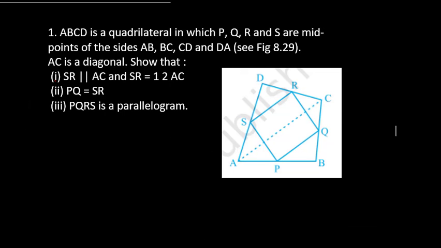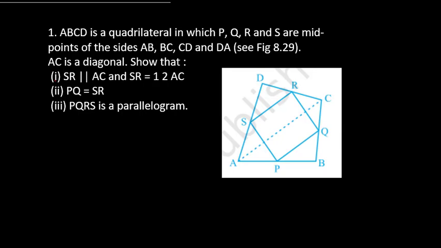So let us see a few questions based on this midpoint theorem. Also, whatever we learned in the previous topic may also be used in the problem. Okay. So the first problem: ABCD is a quadrilateral in which P, Q, R, S are the midpoints of the sides AB, BC, CD, and DA. AC is a diagonal.